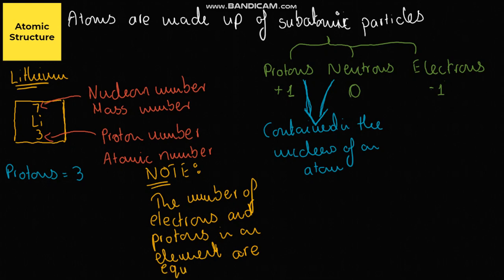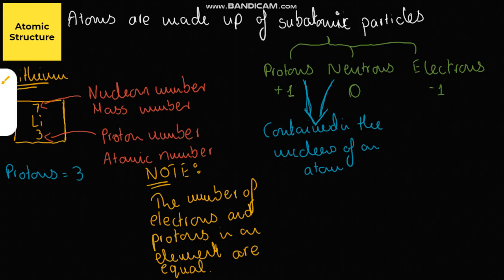This is because both of them carry charge, and they have to stay the same in order to keep the atom neutral and not have a positive or negative charge. However, it can lose or gain electrons, which forms an ion, which I'll talk about in another video.